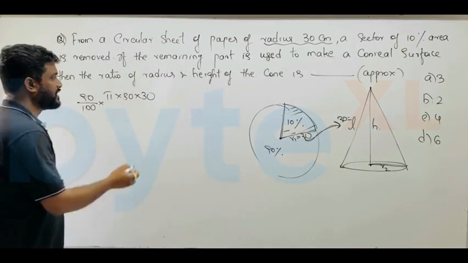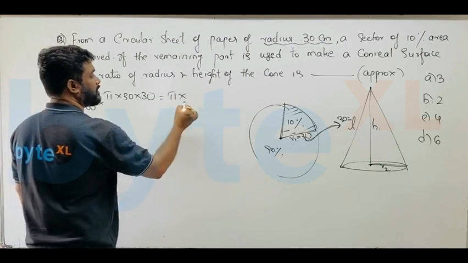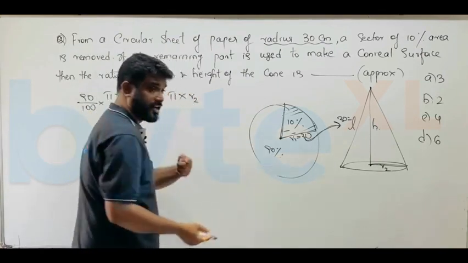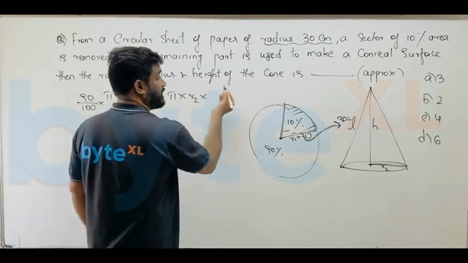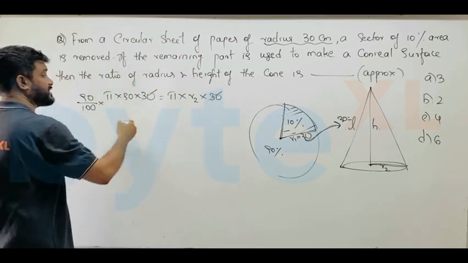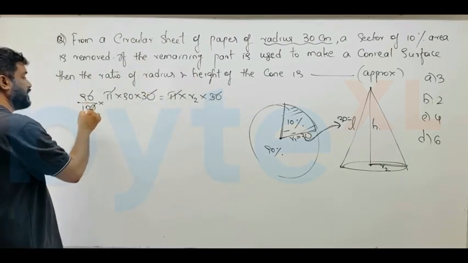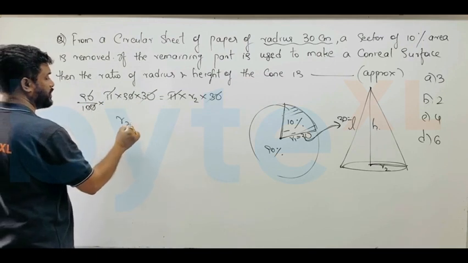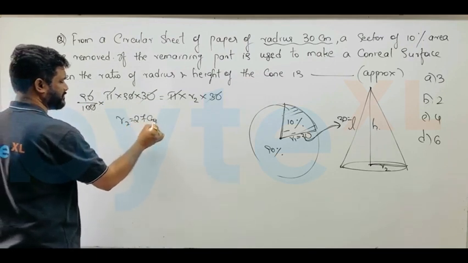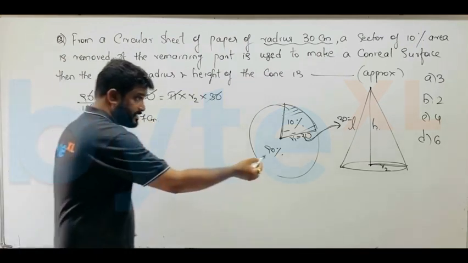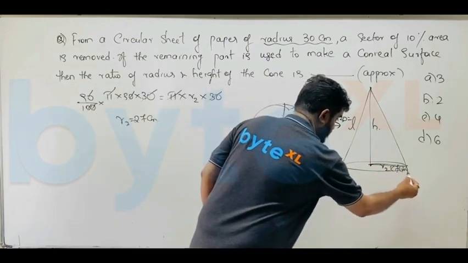Now it is pi R2 L, where R2 I need to find and L is 30. So 30 and 30 get cancelled, pi and pi get cancelled, and R2 is equal to 27 centimeters, the base radius.